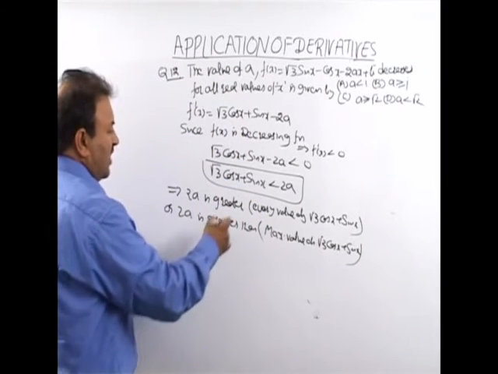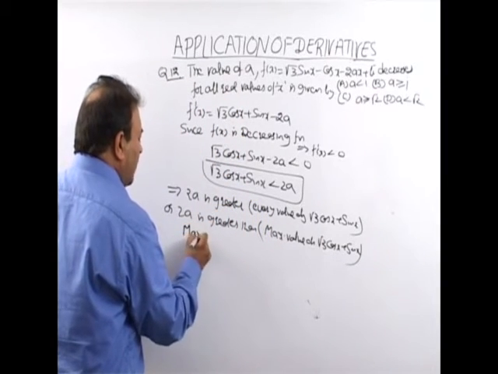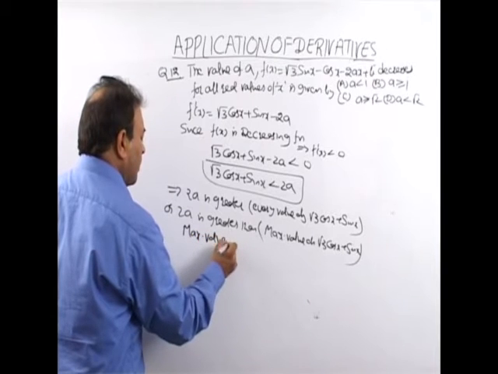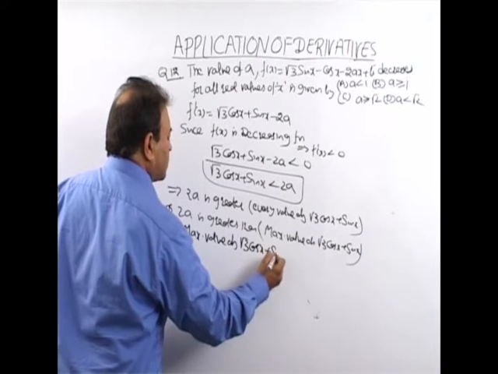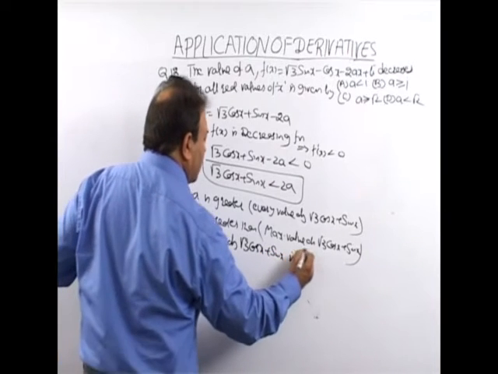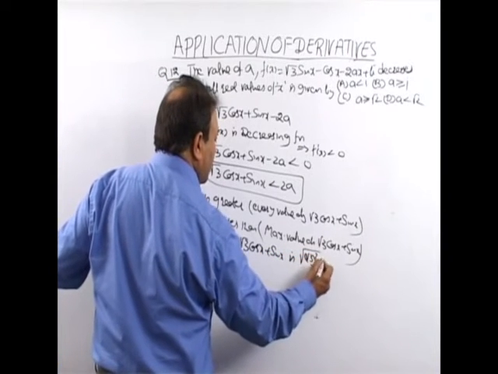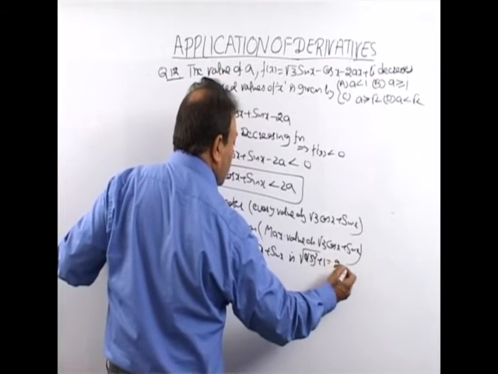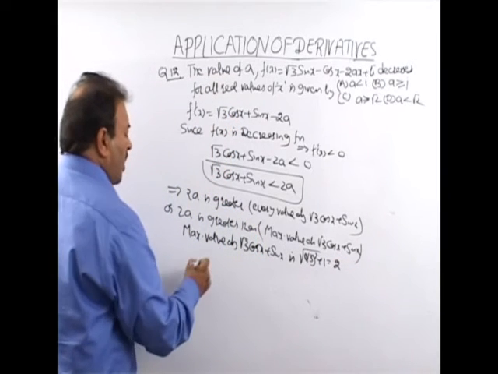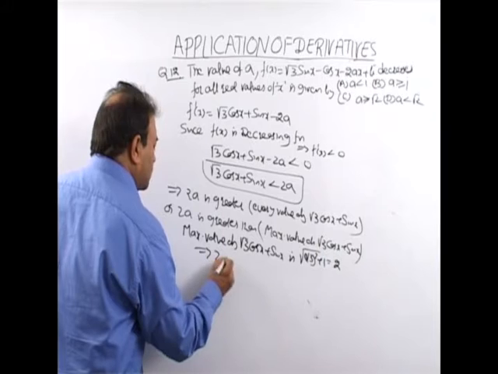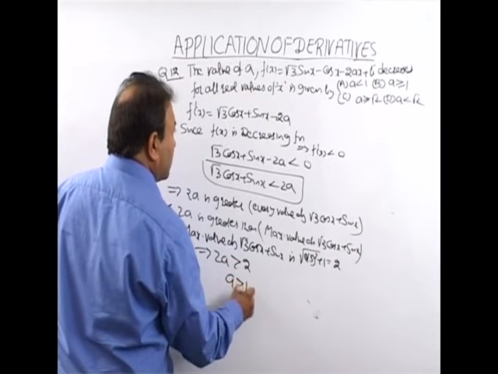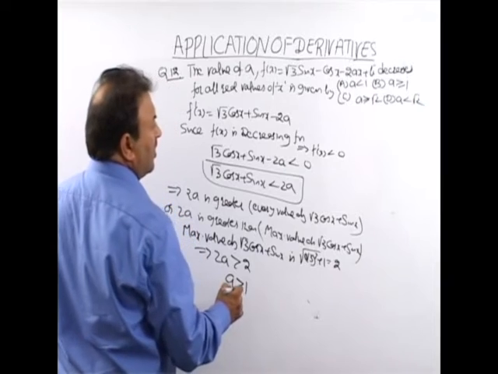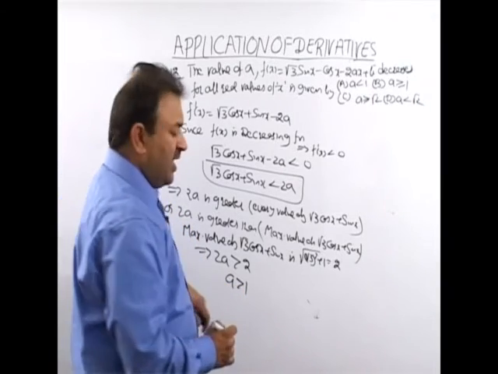So I can say maximum value of root 3 cos x plus sin x is square root of (root 3) whole square plus 1. It comes out to be 2. So I can say, which implies 2a is greater than 2, or I can say a is greater than 1.